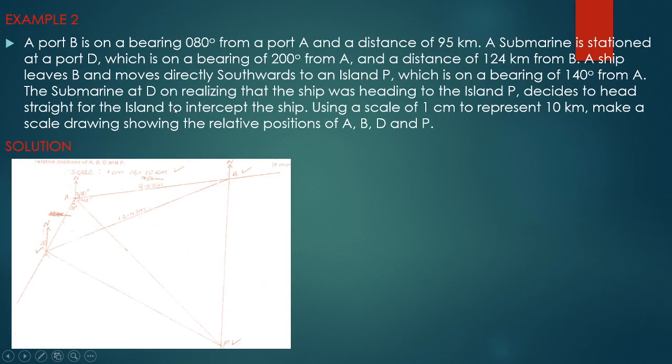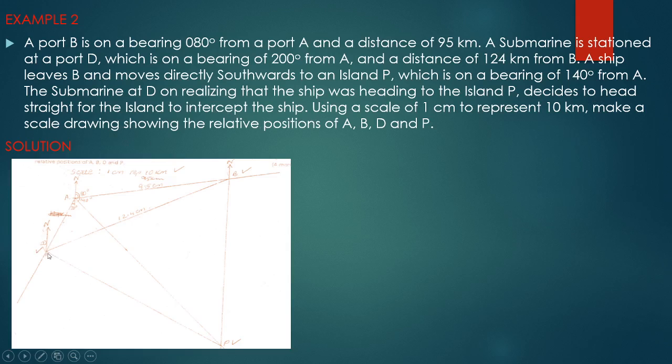Then we are told that the submarine at D, on realizing that the ship was heading to the island P, decided to head straight for the island to intercept the ship.